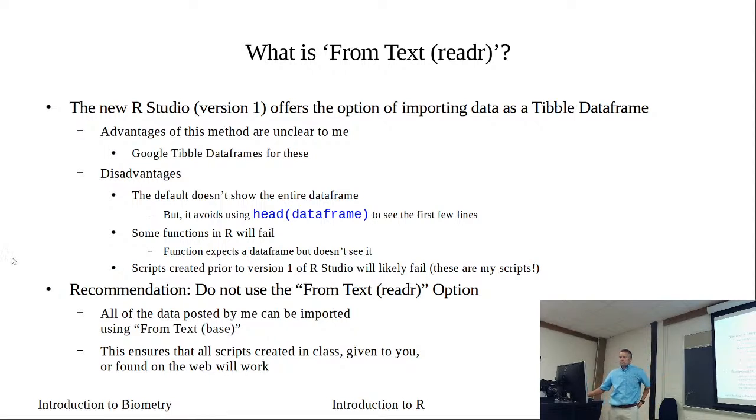Some people use it. Other people have gotten around it. But the scripts that I've written, some of the scripts that you'll find online, they need a data frame. So what I recommend doing is just using the import data set from base, and that way we can avoid any of our functions that I give you from failing.